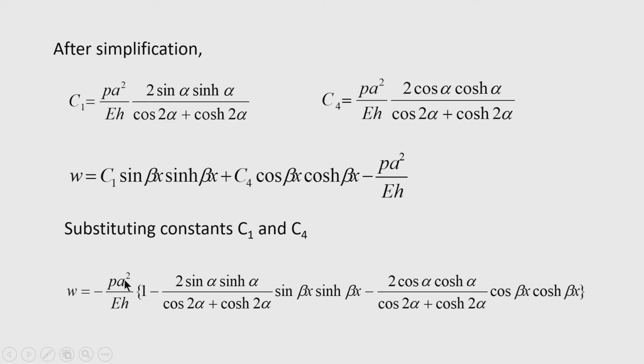W is equal to minus p square divided by E h into 1 minus 2 sin alpha sin hyperbolic alpha divided by cos 2 alpha plus cos hyperbolic 2 alpha into sin beta x sin hyperbolic beta x, that means this term. Then the other term is 2 cos alpha cos hyperbolic alpha divided by cos 2 alpha plus cos hyperbolic 2 alpha into cos beta x cos hyperbolic beta x. So, you now get the complete equation of the deflection.